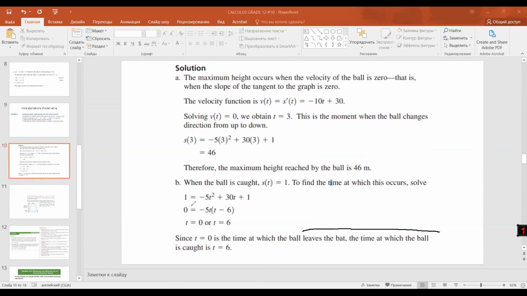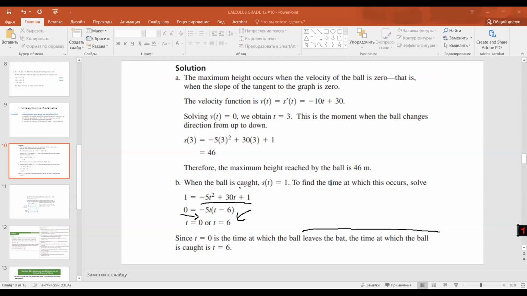So now you solve it for s of t equals 1, you see? And you find that this displacement would be equal to 1 in 2 moments of time, at the beginning and at the end. And in fact, you can see this by looking at the initial equation of displacement.